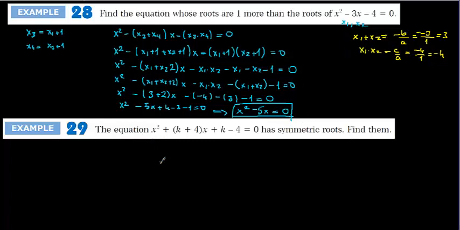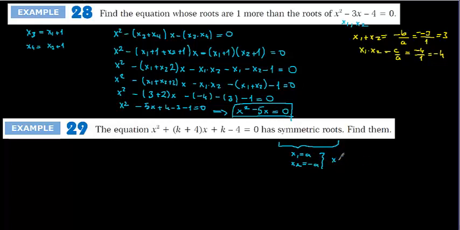The equation x squared plus (k plus 4)x plus k minus 4 has symmetric roots. What does symmetric roots mean here? Let me explain that one. If I say x1 is equal to a, then x2 is going to be equal to minus a. So what does it mean?